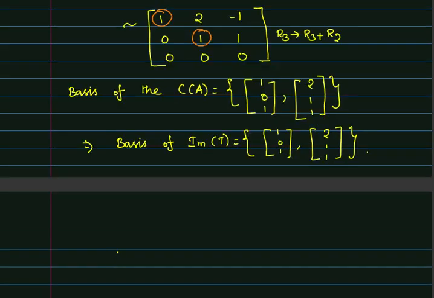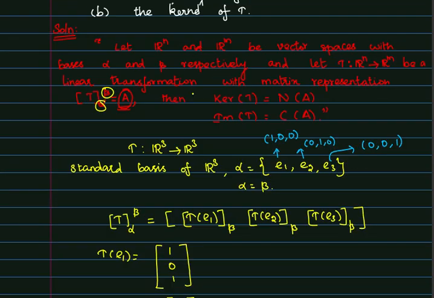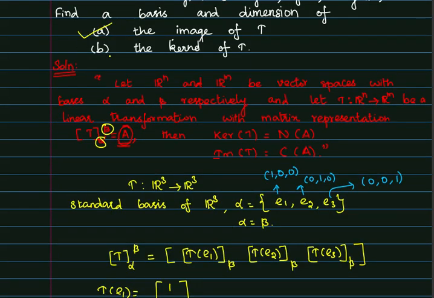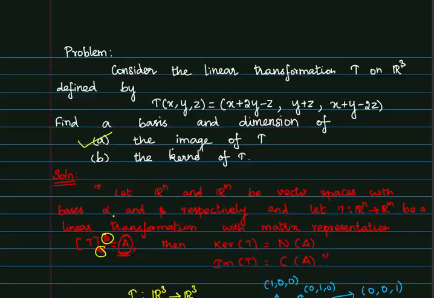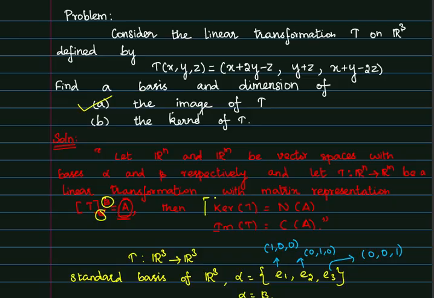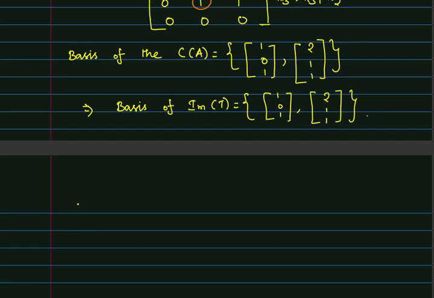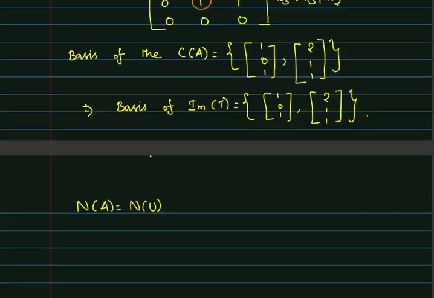So the next step: I completed finding the basis of the image space of T. My next step is to find the kernel of T. Kernel of T is nothing but the null space of A. We already know that N(A) equals N(U), where U is the row echelon form.